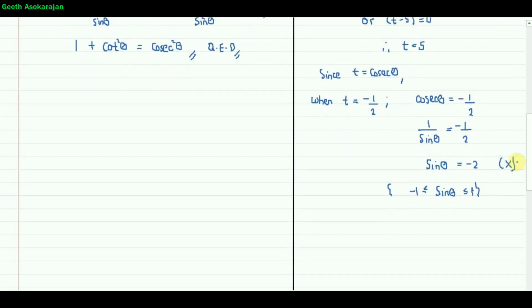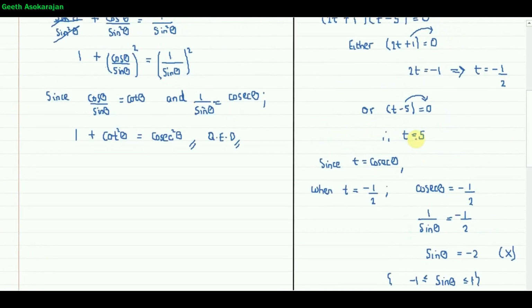So I'm going to indicate that with a cross. Just to repeat, sine theta has a range between plus 1 and minus 1, and this equation reads sine theta equals minus 2. This equation is undefined, hence this cross that I've used beside this equation. So we cannot solve that equation.